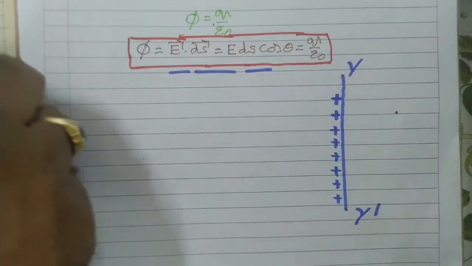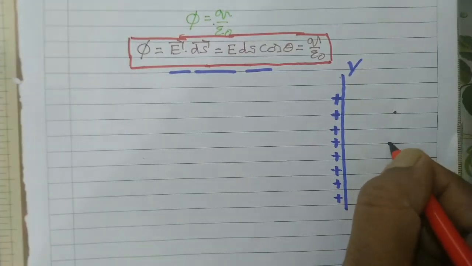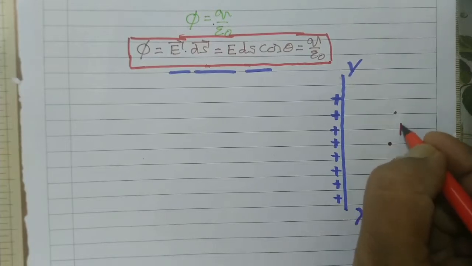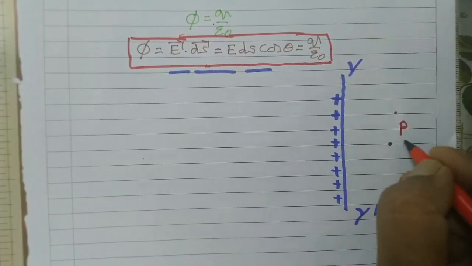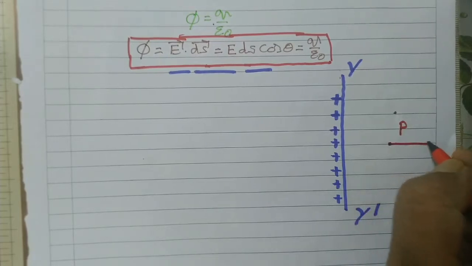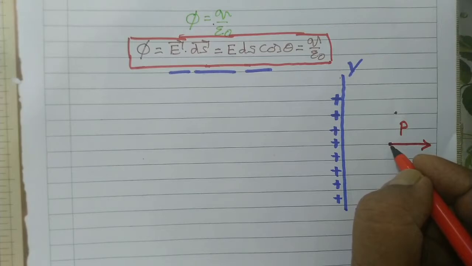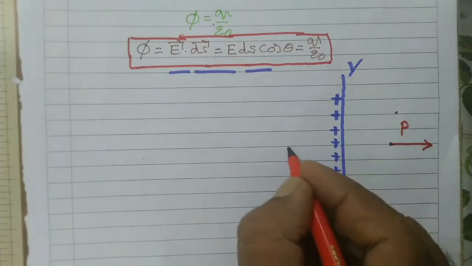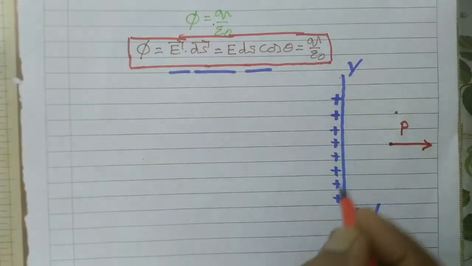Now let us consider a point P at some distance, where we'd like to find the electric field. As it is a positive charge, you know very well the electric field will be like this. Now we are going to find the magnitude of this electric field using the Gauss theorem. And on this side also, the electric field will be like this everywhere.